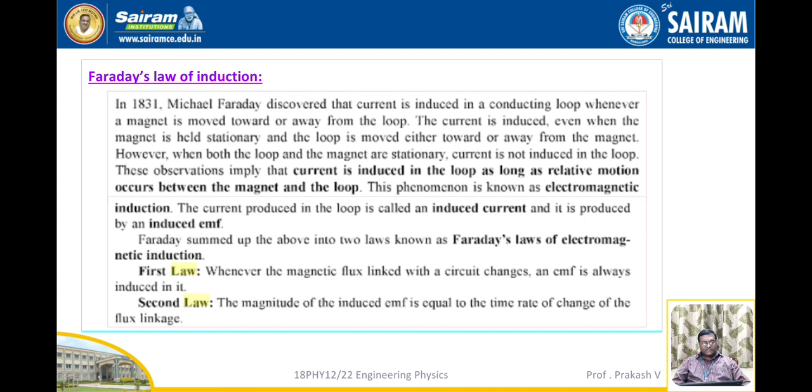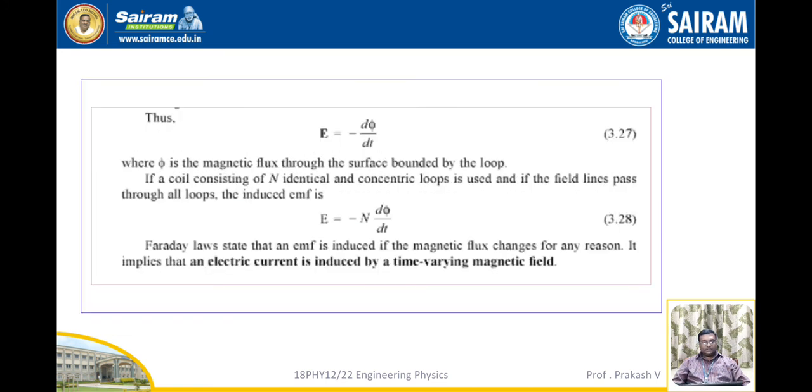The second law states that the magnitude of the induced EMF is equal to the time rate of change of the flux linkage. So here E is equal to minus dΦ/dt, where Φ is the magnetic flux through the surface bounded by the loop.